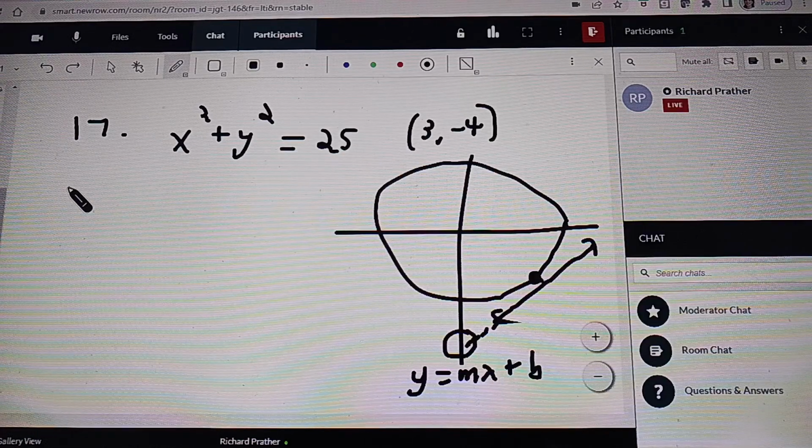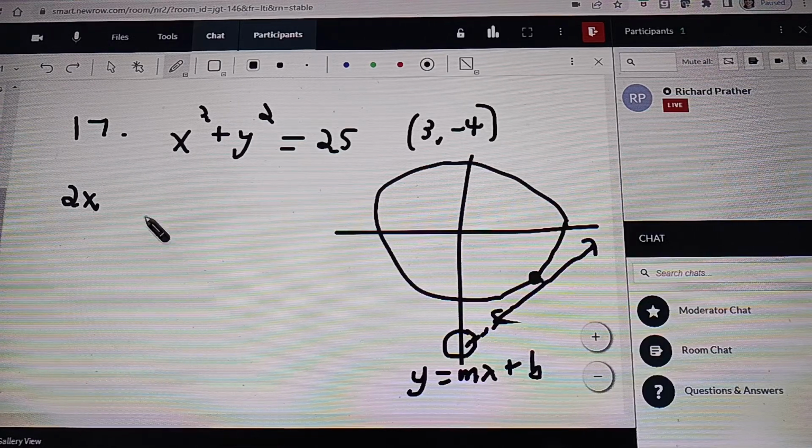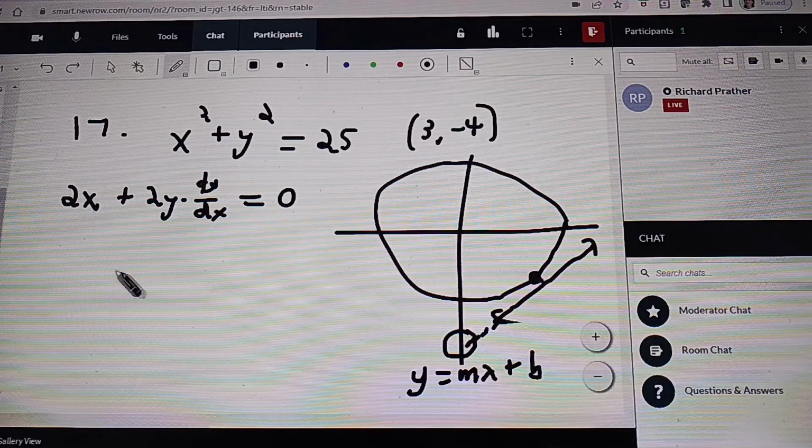The derivative of x squared is 2x, and technically times dx over dx, plus the derivative of y squared is 2y, but times dy over dx. And the derivative of 25 is 0. So do the same thing as the last problem, minus 2x.